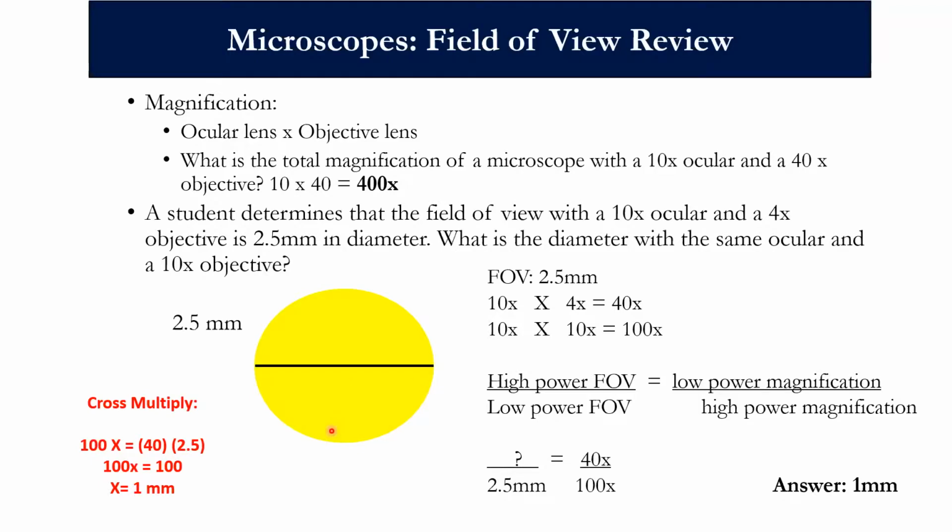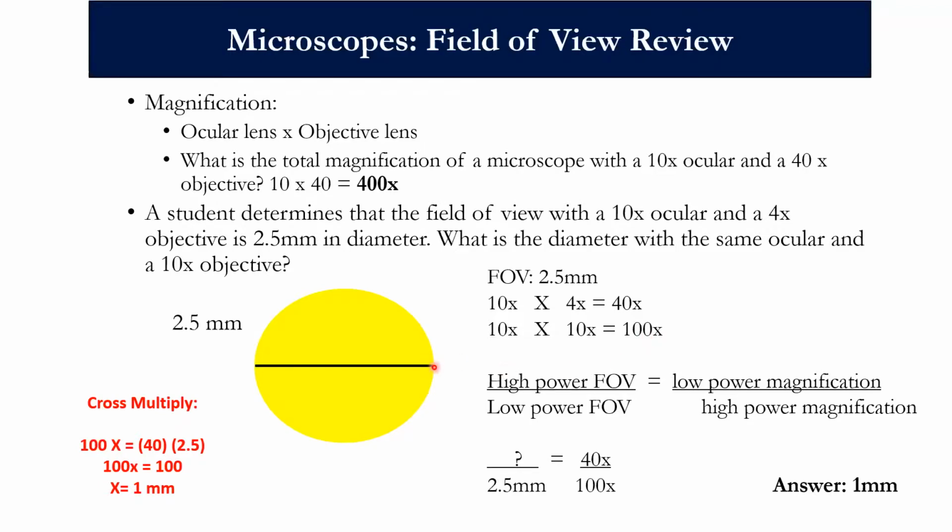So what does this mean? When we are using a 40x total magnification, our field of view is 2.5 millimeters. When we change our total magnification to 100x, our field of view is only going to be 1 millimeter.